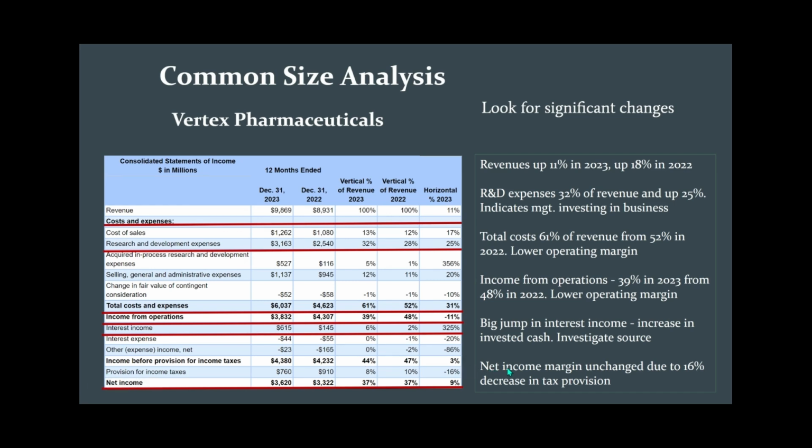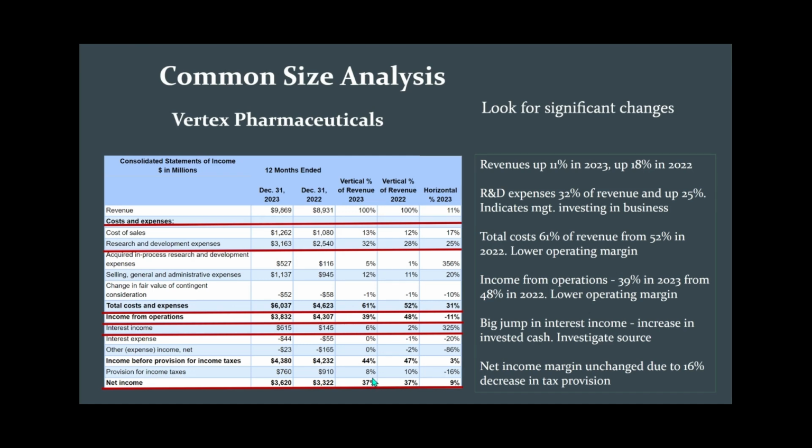So then we get down to net income and we see where the margin was unchanged in 2023. It was still 37% of revenues. So given the big jump in expenses, in operating expenses, how did they manage to keep their net income margin consistent with prior year? Well, if we look at it, we can see that the big reason for that is that the company had a decrease in its, well, a couple of things.